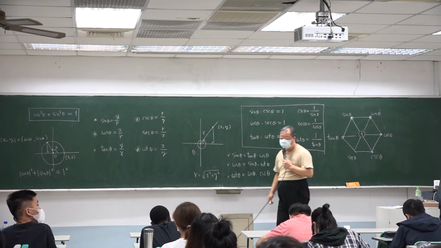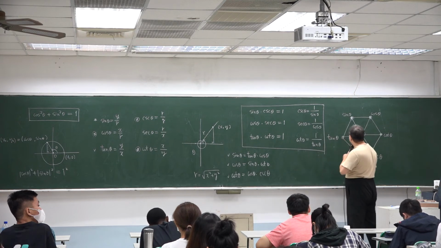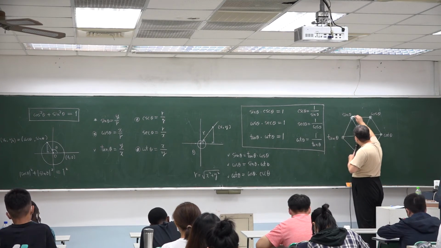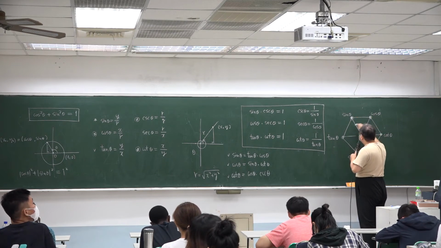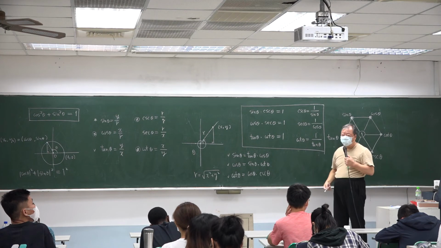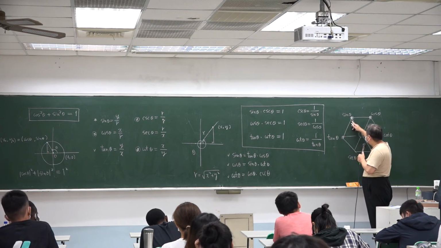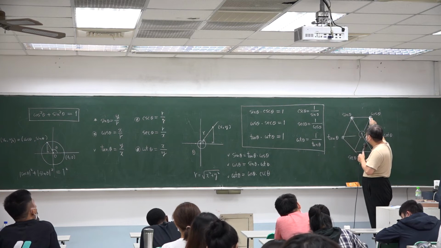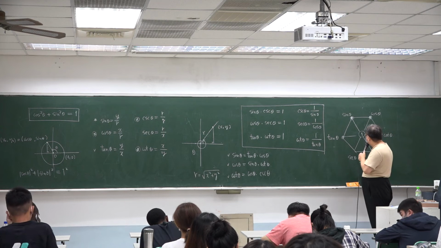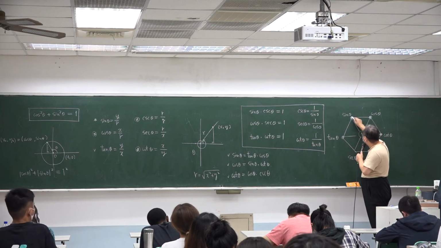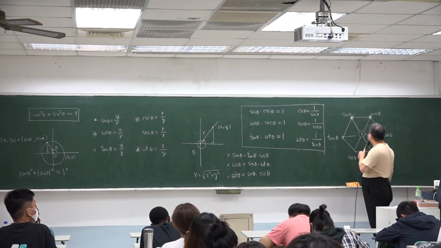So, any function is the product of its adjacent two functions. Now we already checked sine, cosine, and cotangent.